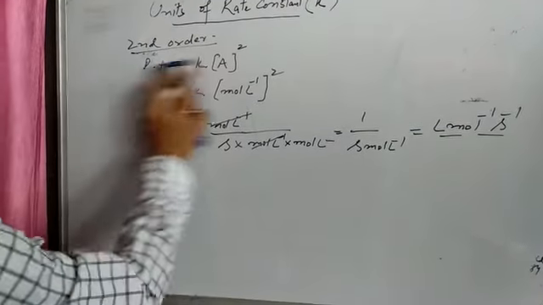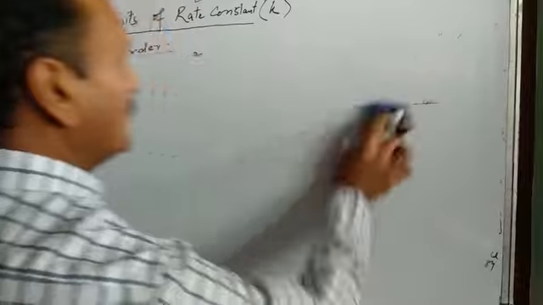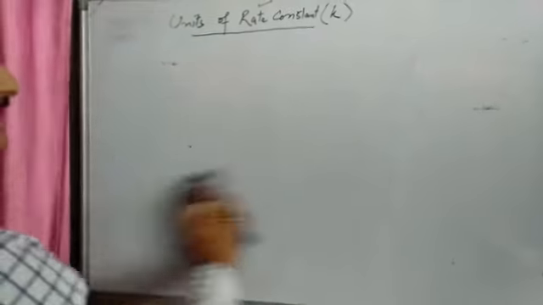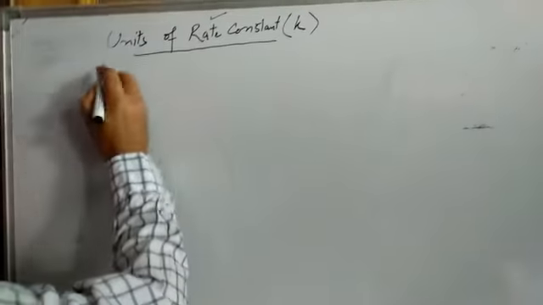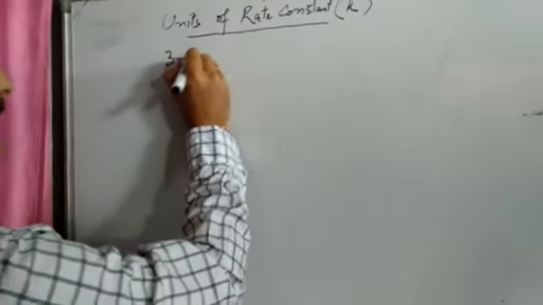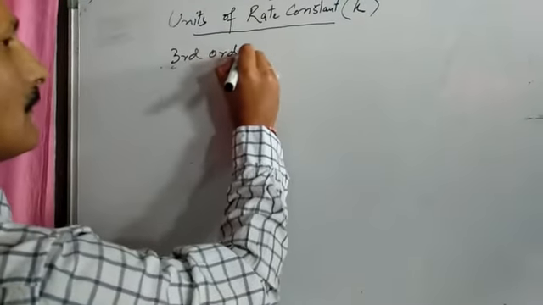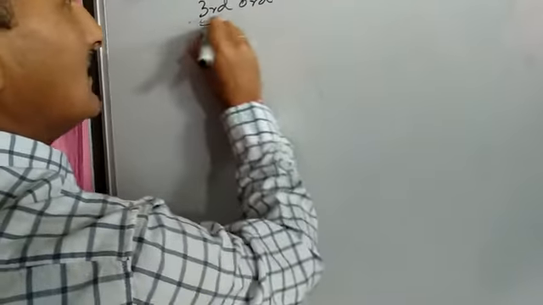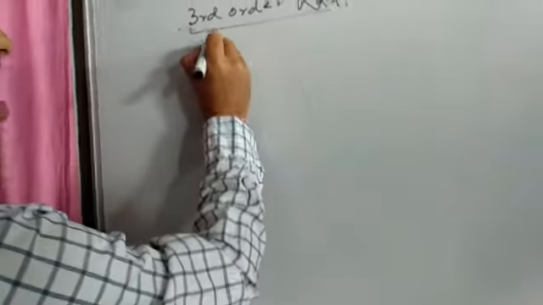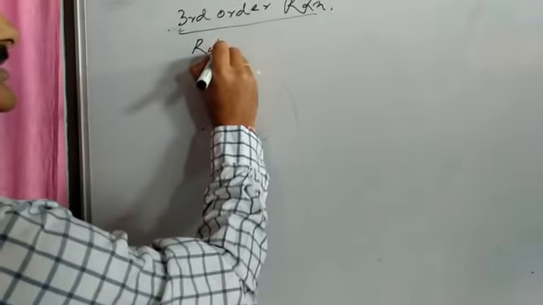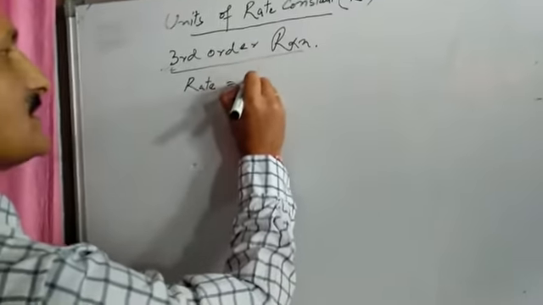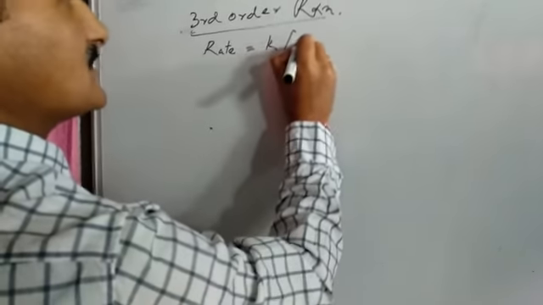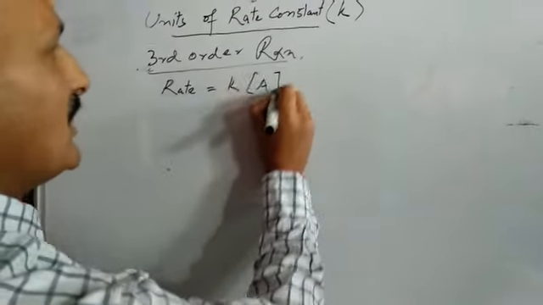And finally, let us determine the unit of the rate constant, the unit of K, for a third order reaction. For a third order reaction, the rate of a reaction is equal to the rate constant times the molar concentration of reactant raised to power 3.